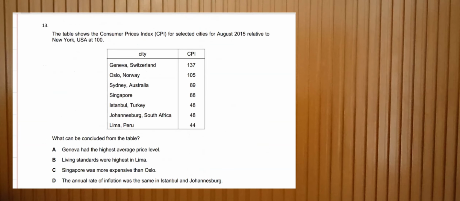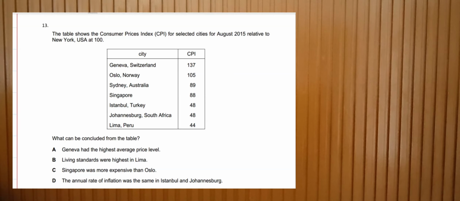The table shows the CPI for selected cities for August 2015 relative to New York, USA at 100. Okay, so now this is the CPI and we are comparing it to the USA. USA is supposedly 100.